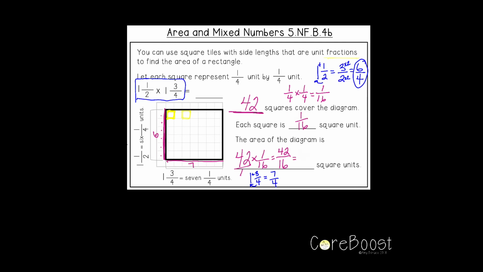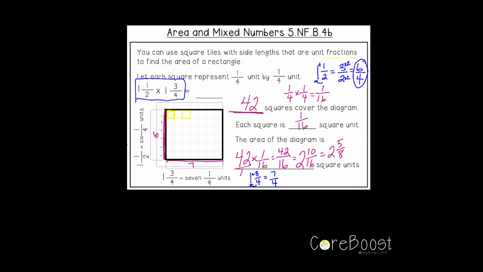And then if I change it to a mixed number, I've got 2 and 10/16, but I'm going to reduce the 10/16, so I really have 2 and 5/8 square units.